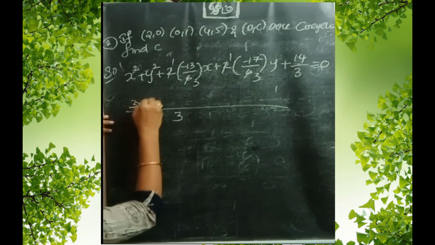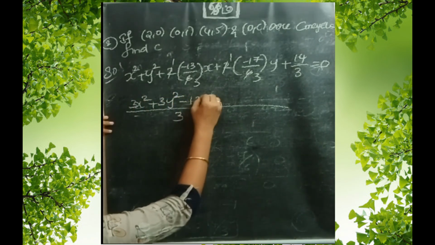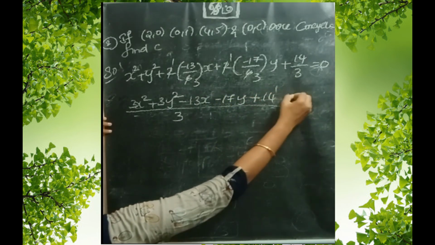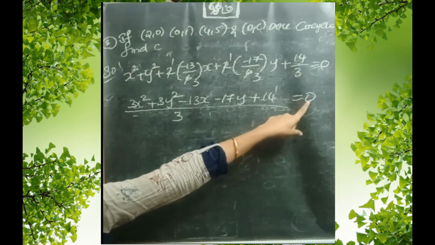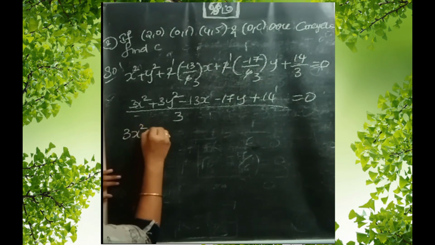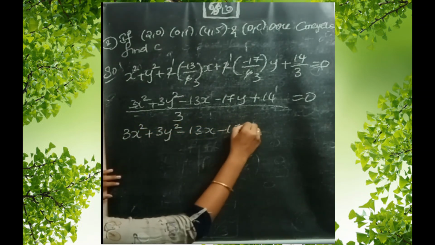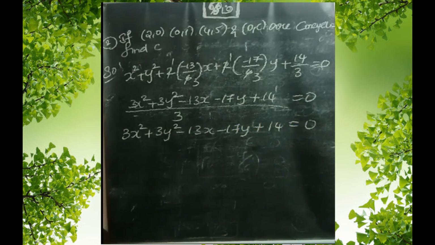We'll get 3x square plus 3y square minus 13x minus 17y plus 14 equals 0. If 3 goes that side, we multiply with 0 and it becomes 0. So 3x square, 3y square. This is our required equation.